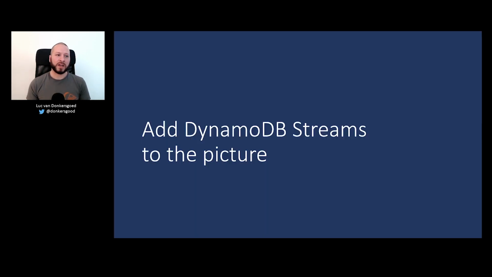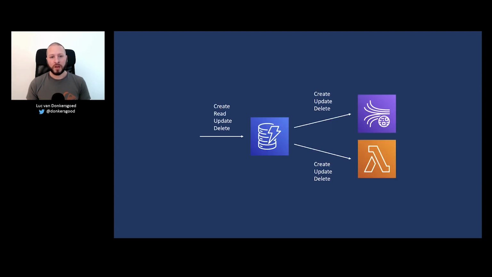So let's see how we can improve on this architecture using DynamoDB Streams. So a quick introduction to DynamoDB Streams. It's actually pretty simple. We have a DynamoDB table, and there's a number of operations that you can do on it. You can create items, read items using query or scan, update items, and delete items.